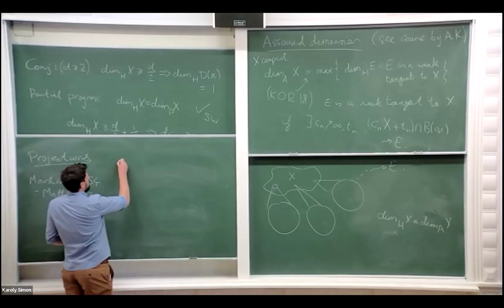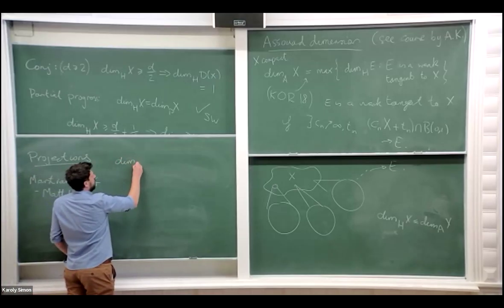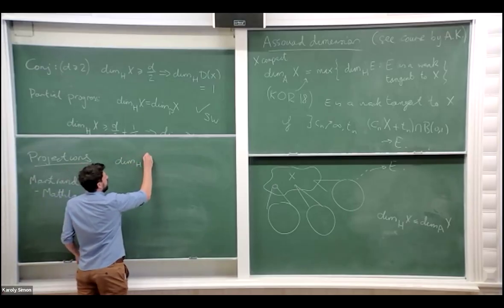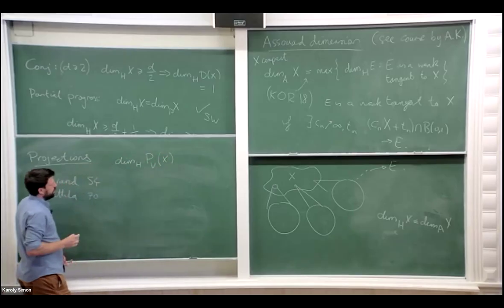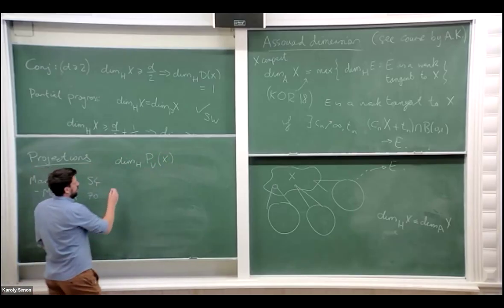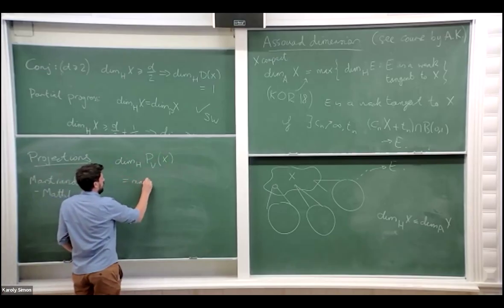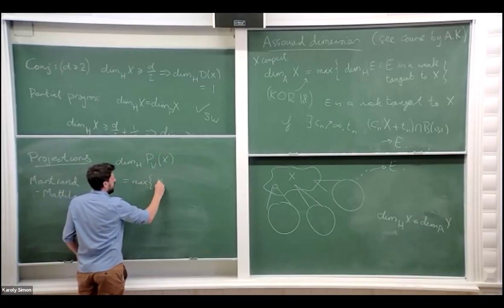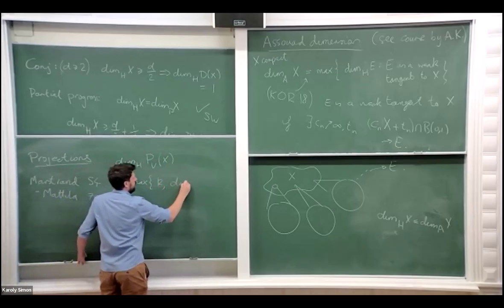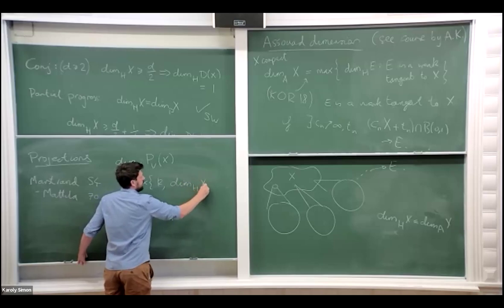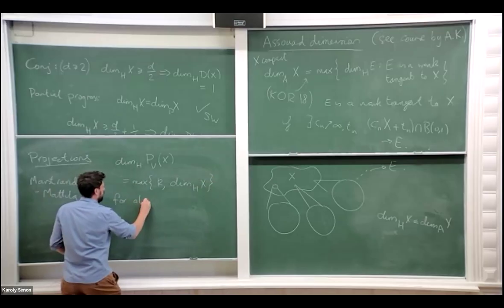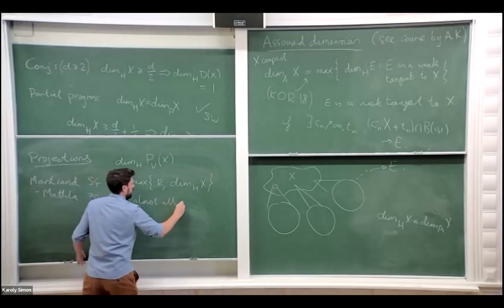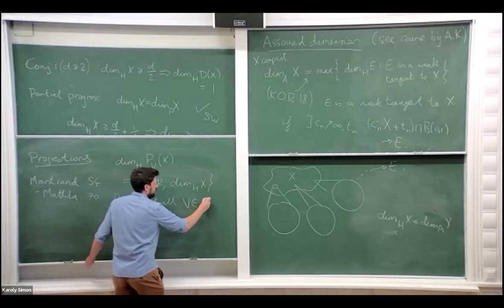Marstrand's projection theorem says that the Hausdorff dimension of the projection of X onto a subspace V, I'll quantify these things properly in a second, is the minimum of k and the Hausdorff dimension of X for almost all V in the Grassmannian G(d,k).